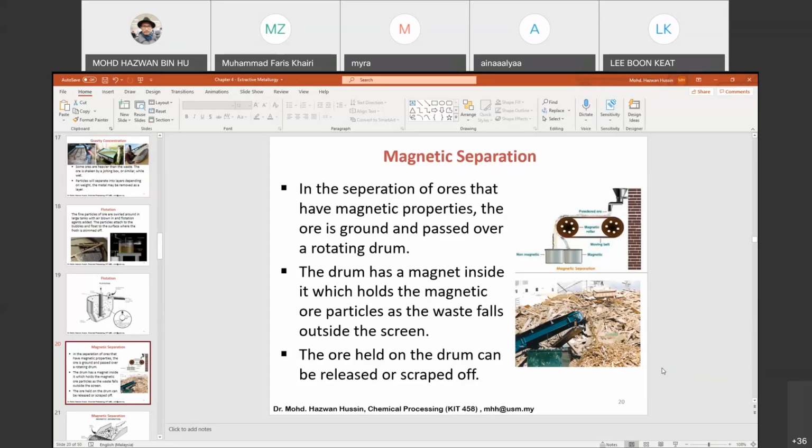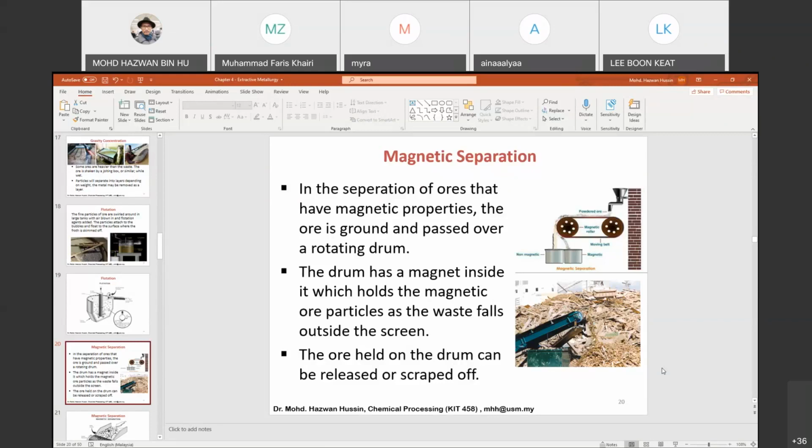The rotating drum has magnetic properties. It has a coil of wire, and when you put a current on it, it becomes a magnet. Then the magnetic mineral will be attached to the surface, leaving the non-magnetic materials apart.